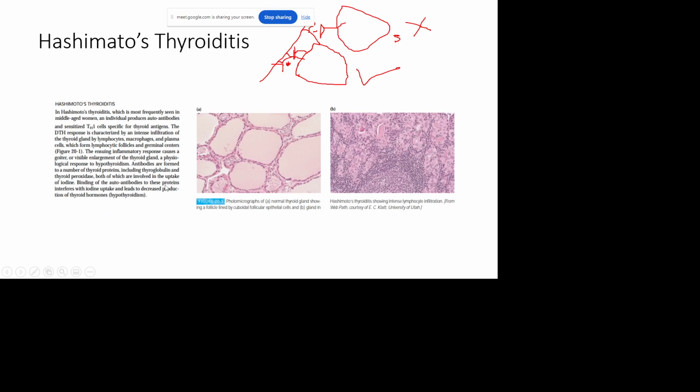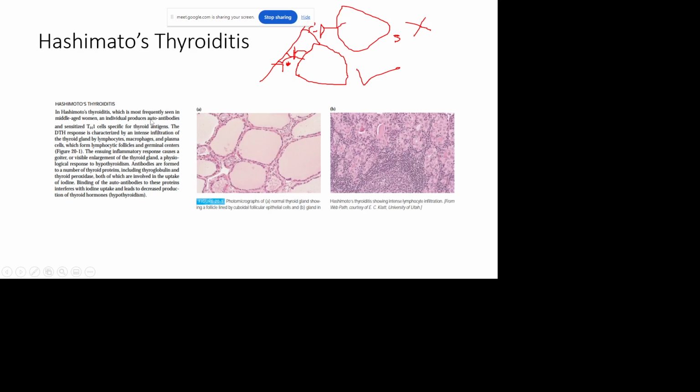As there is no iodine uptake, it will lead to decreased production of the thyroid hormone. So thyroid hormone production will be affected. That is hypothyroidism. Also, it will give rise to sensitized Th1 cells specific for thyroid antigen.